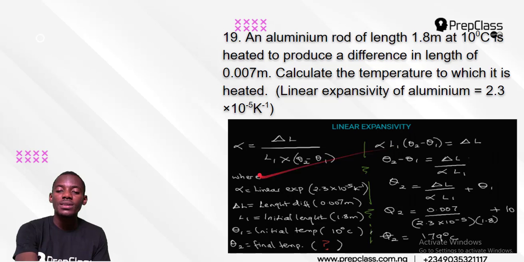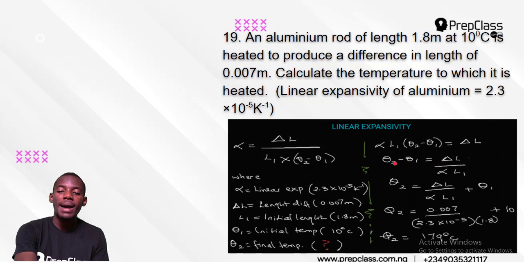That gives linear expansivity times length times (temperature 2 minus temperature 1) equals change in length. Now remove everything except temperature 2. First, remove expansivity and length, they will come below. So temperature 2 minus temperature 1 equals change in length over linear expansivity times length.